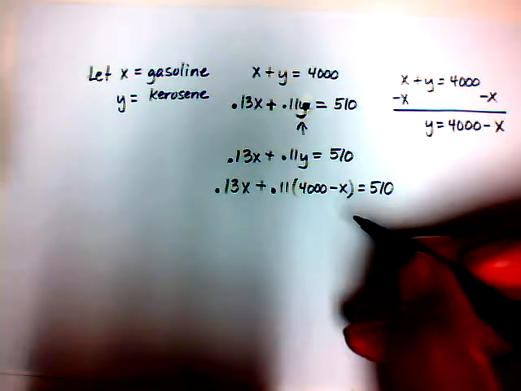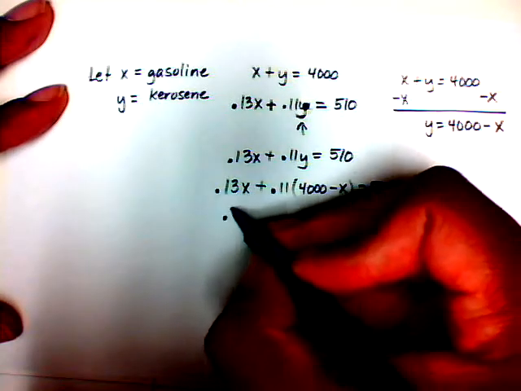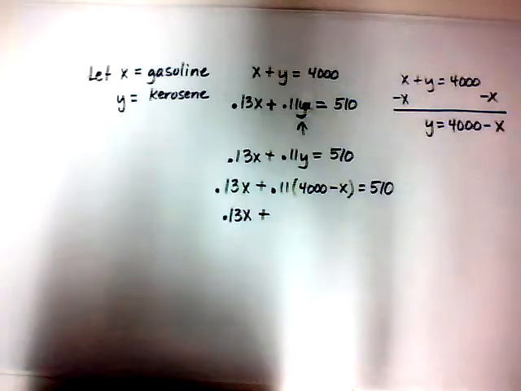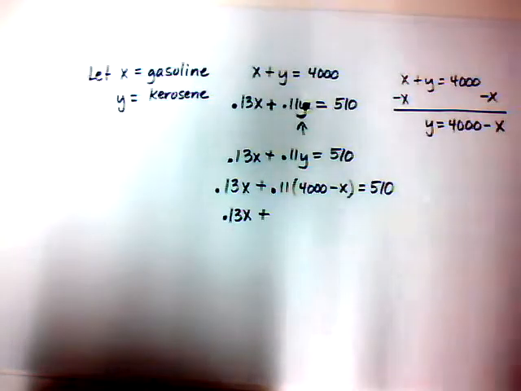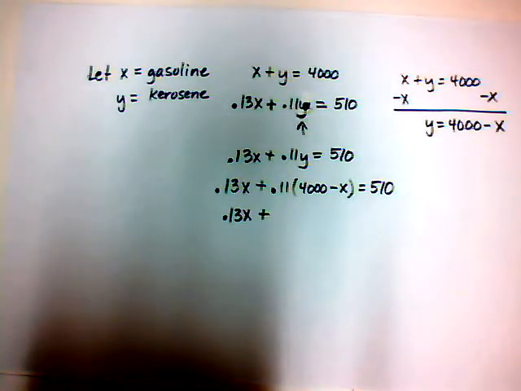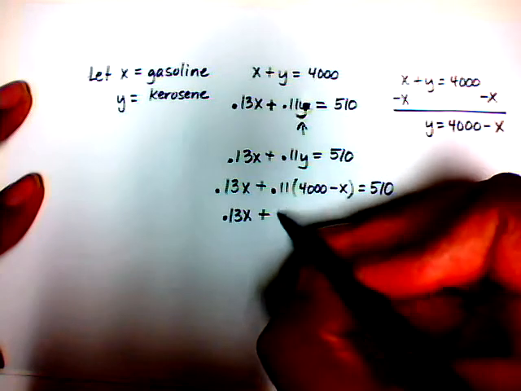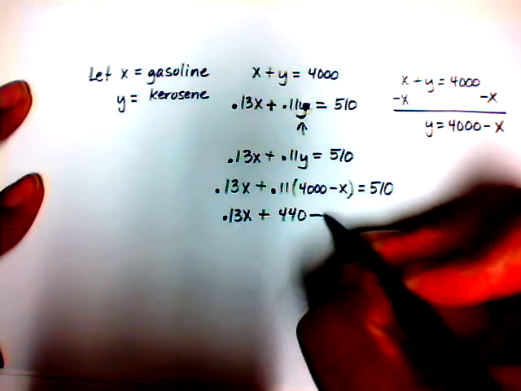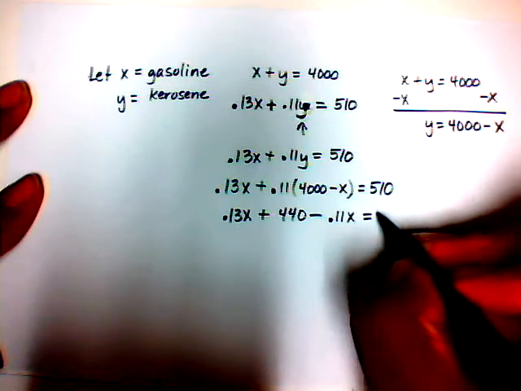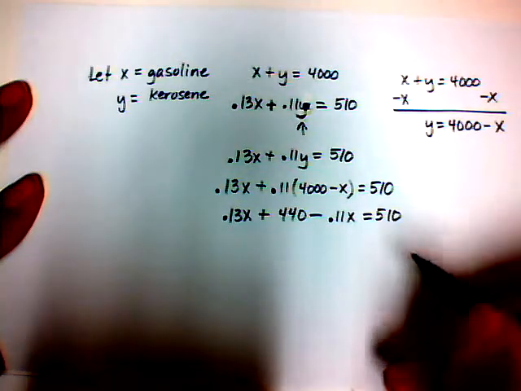And then we're going to simplify this. 0.13x, and we're going to multiply 0.11 times 4,000, which will be 440, minus 0.11 times x will be 0.11x, and that's equal to 510.